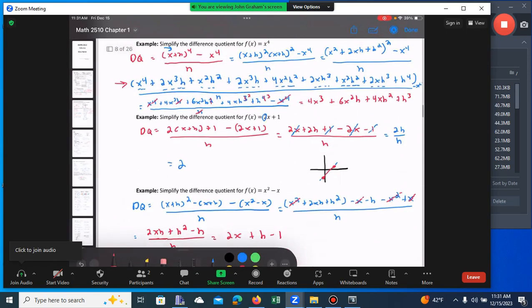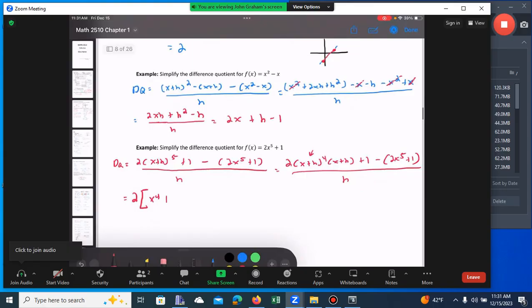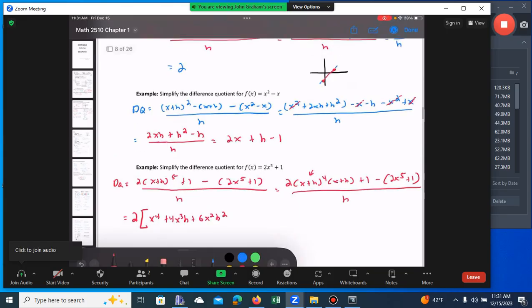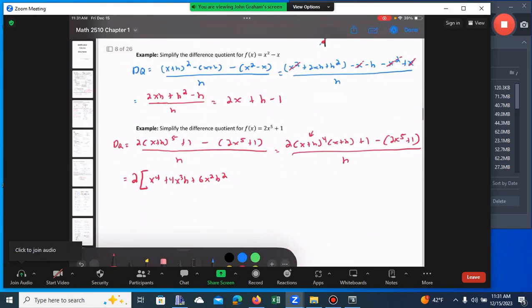Then we had 2x cubed h, 4x cubed h, plus 6x squared h squared, and then 2x h cubed, and then h to the fourth.